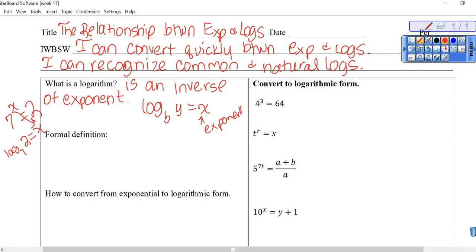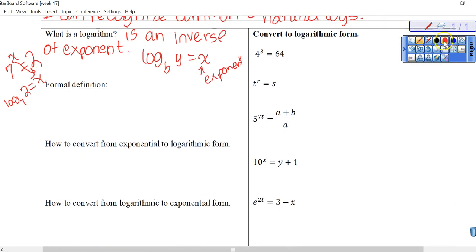Let's do a formal definition. If b is greater than 0, so the base is greater than 0, and the base does not equal 1, same rules as exponential, then log base b of y equals x if and only if b to the x equals y.